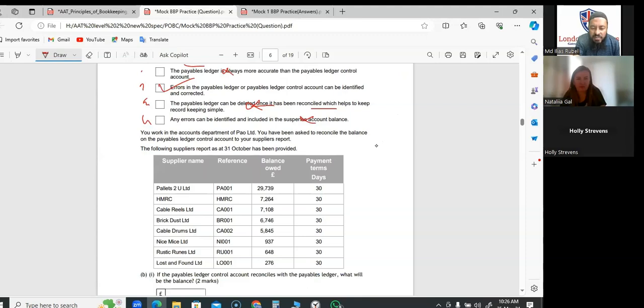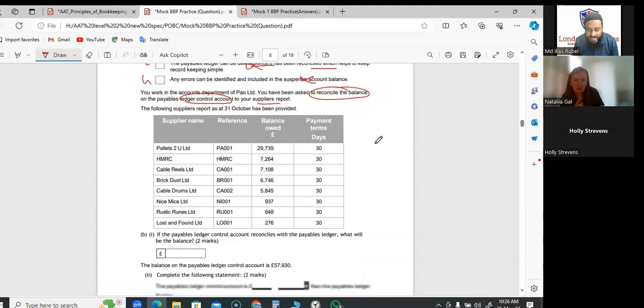You work in the accounts department of POW Limited. You have been asked to reconcile the balance on the payables ledger control account. Do you remember the balance? All the individual balances should agree with the control account balance. That is basically it. So what they gave you are the following suppliers, individual accounts, like pallet, HMRC, cable, brake, nice, rustic.